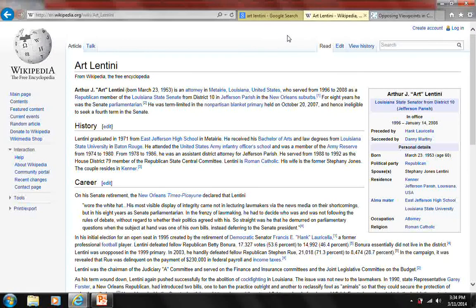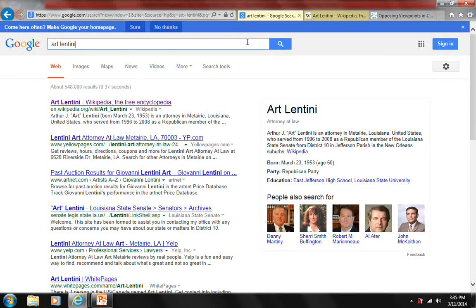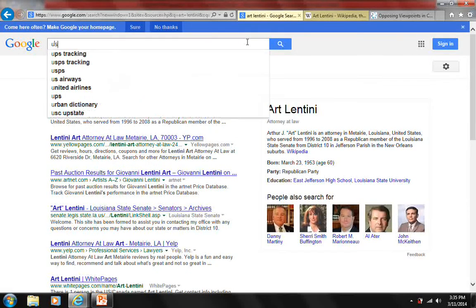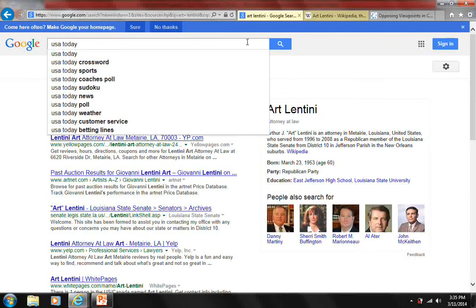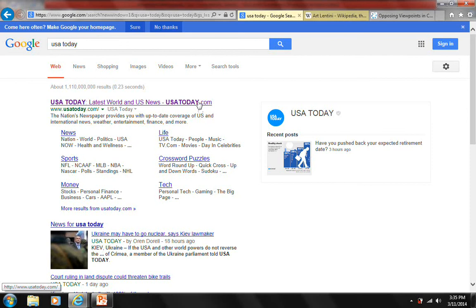But the other thing that we can do to make this even more thorough is to look at our publication. This was published in USA Today. So the other thing we can Google, if we don't already know about it, is USA Today. Now, if we were to click on the USA Today page, I'll go ahead and show you briefly what it looks like.